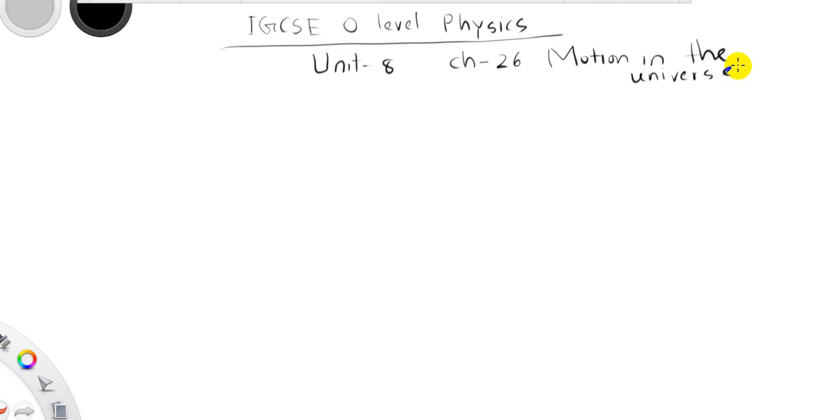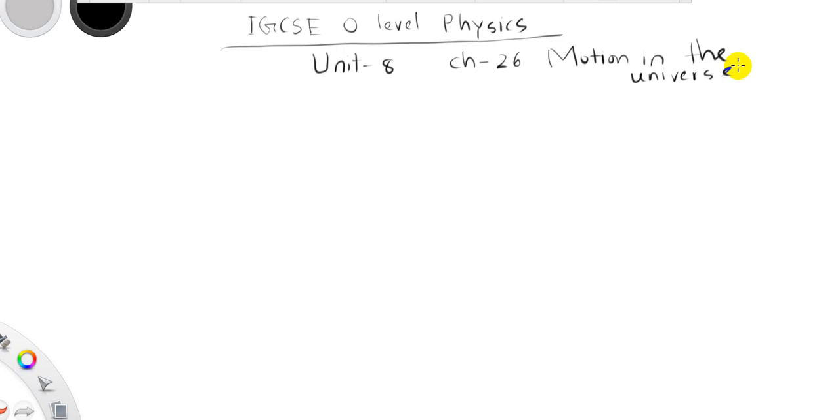We can also describe the differences in orbit of comets, moons and planets. We can use the relationship between orbital speed, orbital radius and time period.